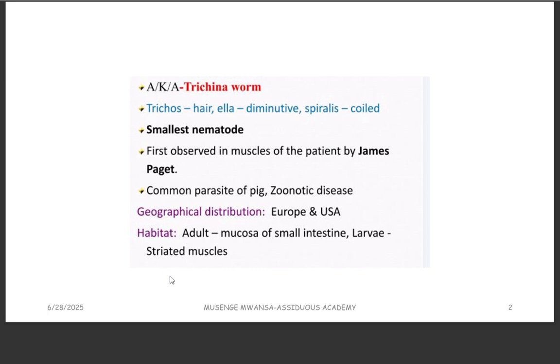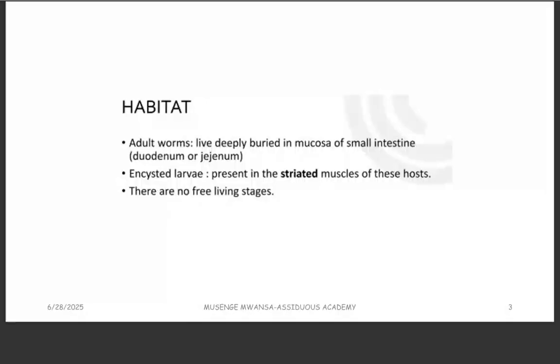So the habitat: where do you find Trichinella spiralis? The adult worm is going to be found in the mucosa of the small intestines, while the larva is going to be found in striated muscles. These are skeletal muscles and cardiac muscles, but specifically the skeletal ones.